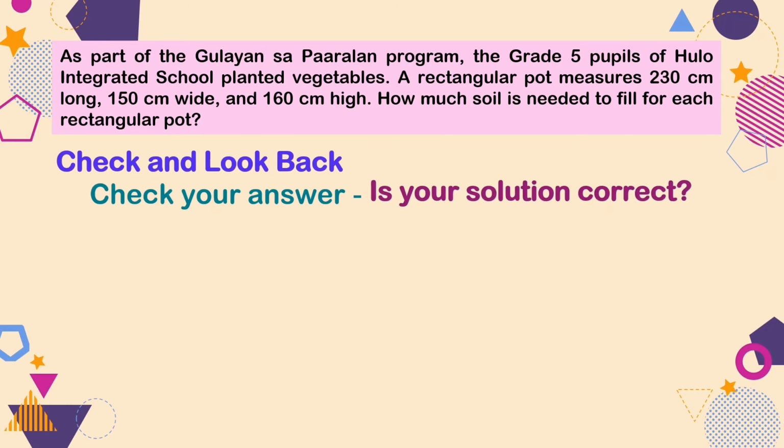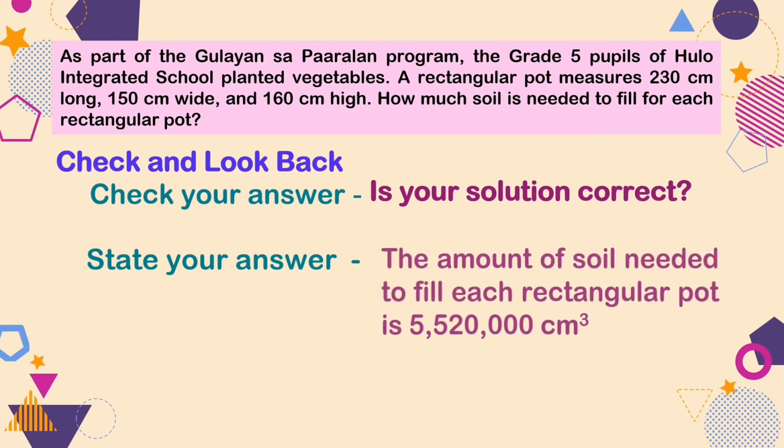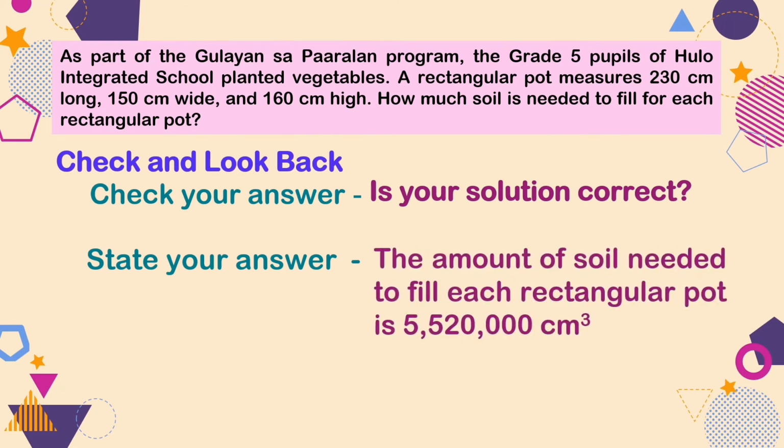Did you use the correct operation? Did you use the correct formula? If your solution is correct, then state your answer. The amount of soil needed to fill each rectangular pot is 5,520,000 cubic centimeters.